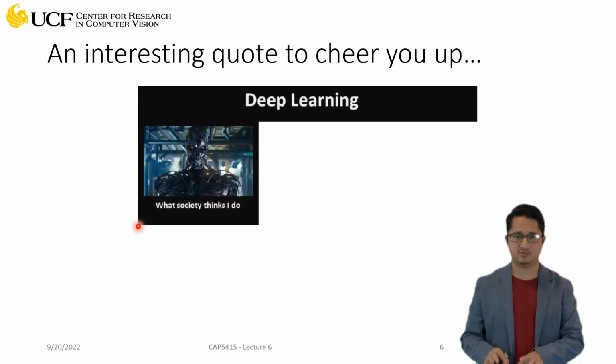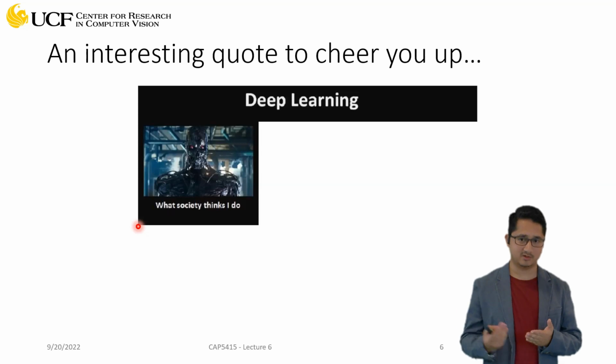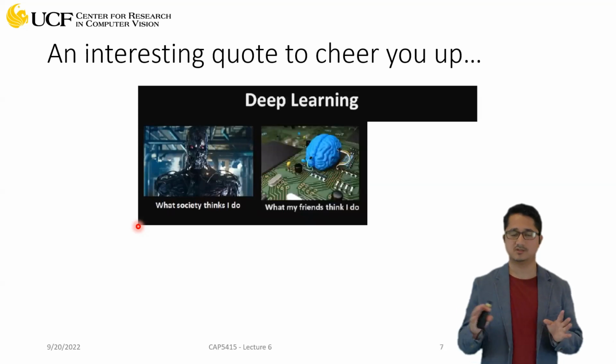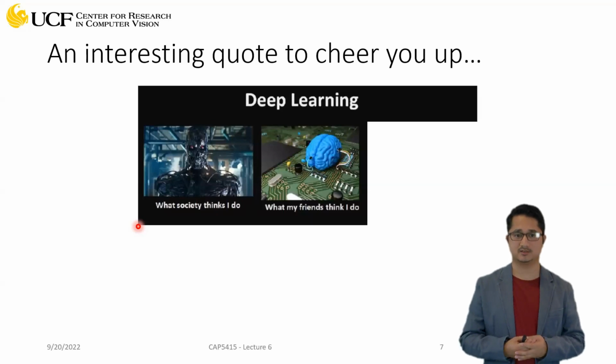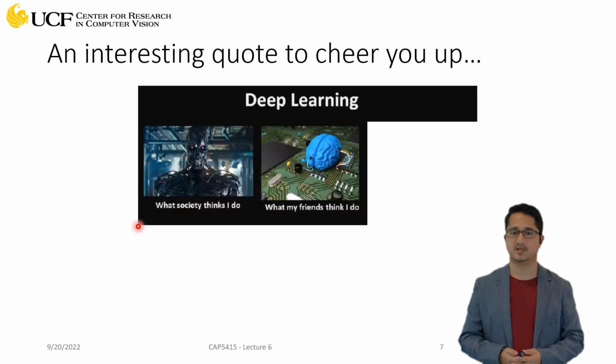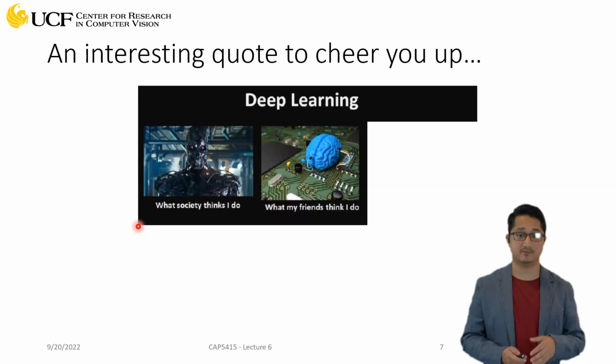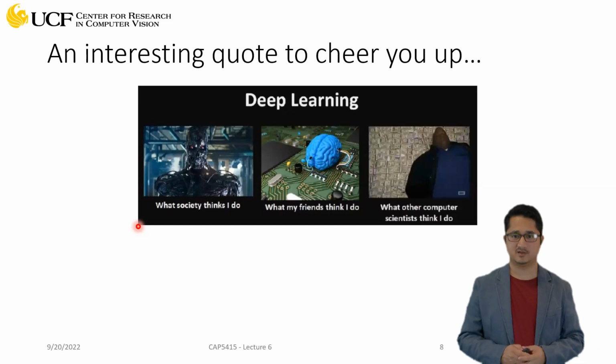These days, when you're working on deep learning, it's very fascinating, right? A lot of people are very interested, and most fields are interested in this area and are trying to use deep learning in their research. For the general society, it's a very big deal, given the kind of impressive results we have. This is an interpretation of what different segments of society think when you're working on deep learning.